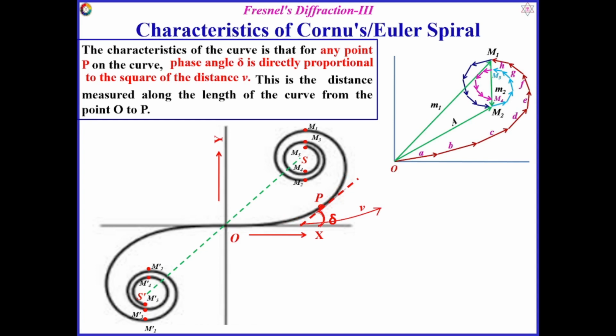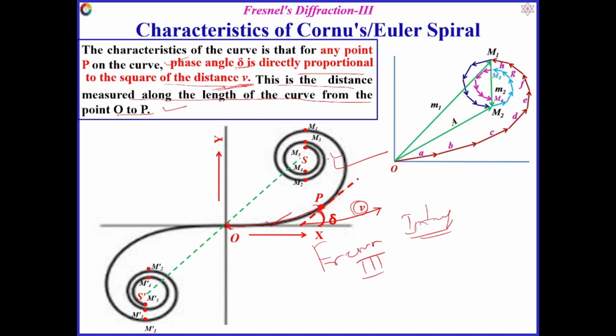This is the phase angle delta, and small v is the distance from O to that point P. The characteristic of this Cornu spiral, or Euler spiral, is that the phase angle delta is proportional to the square of the distance, measured along the length of the curve from O to P. If we can prove this, it will help us find the Fresnel's integral, which we are going to discuss in this part 3 video.